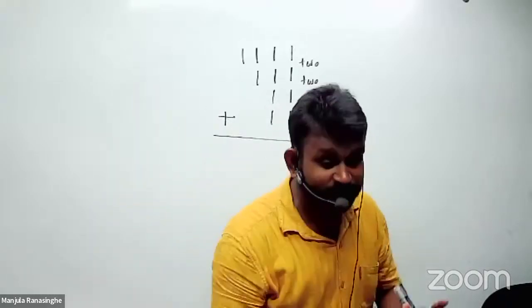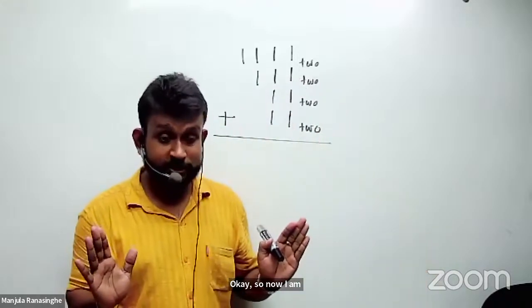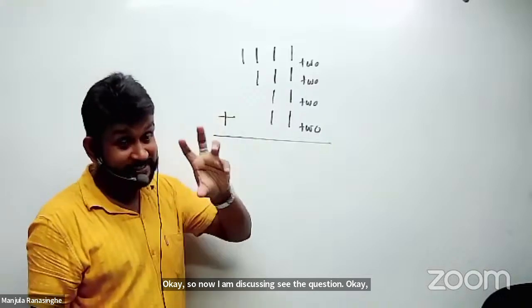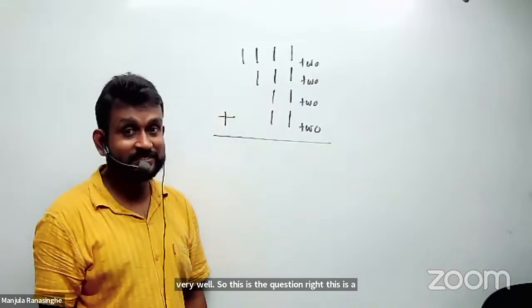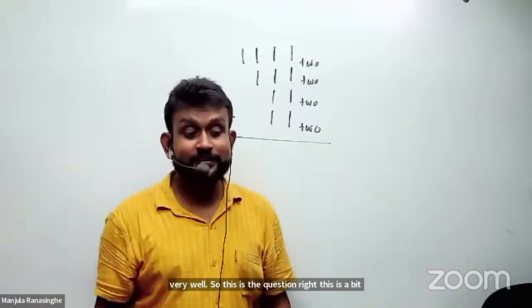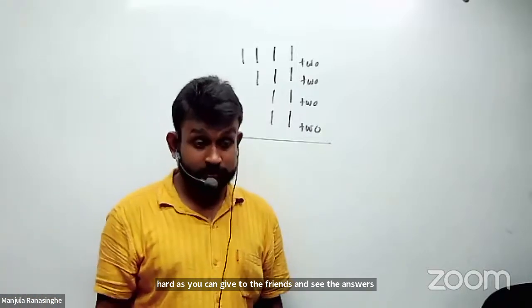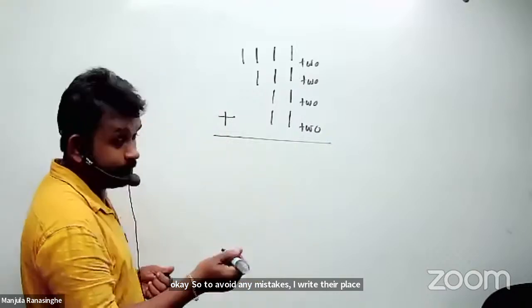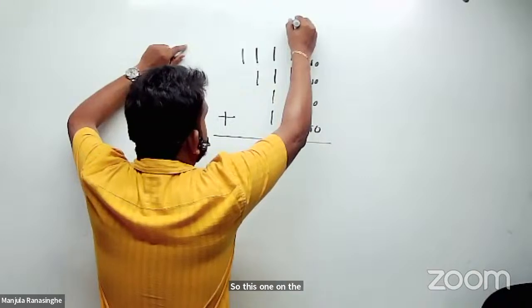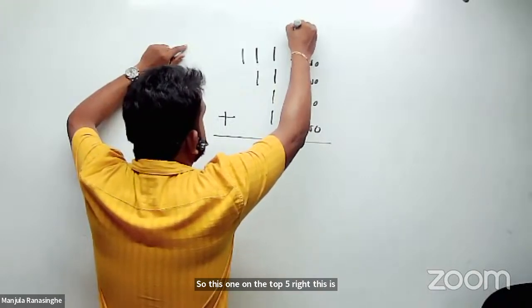Okay, so now I am discussing. See the question. Okay, very well. So this is the question, right? This is a bit of a hard question. You can give it to your friends and see their answers. To avoid any mistakes, I write the place values on the top. This one is ones, meaning 2 to the power 0.